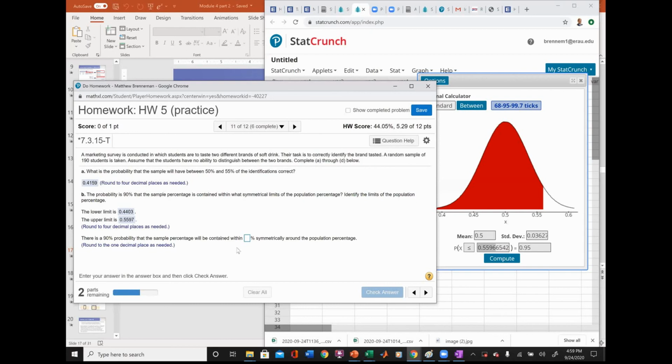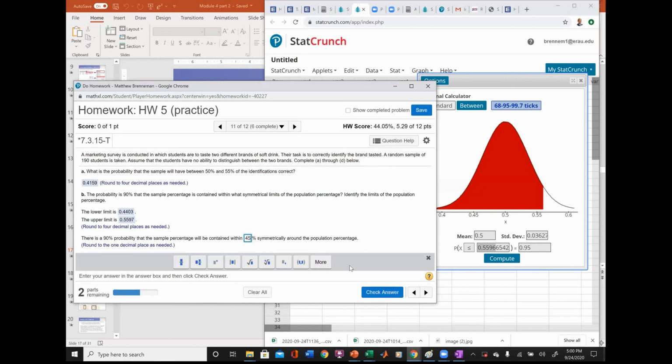Actually, I'm not sure what they want for this question. I'm glad I went a little further. So we just figured out the 90% interval here. There's a 90% probability that a sample percentage will be contained within. I think they want the population percentage. No. I think they want 45.